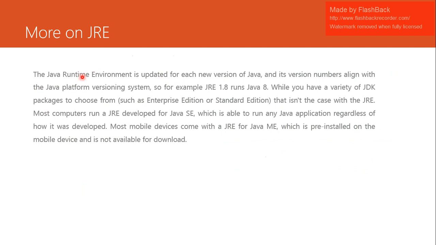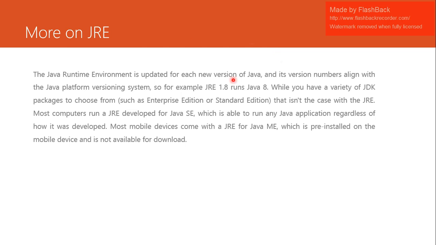Now, more on the JRE. The Java Runtime Environment is updated with each new Java version, and its version number aligns with the Java platform versioning system. So let's say you have Java 8, then your compatible JRE version will be Java 1.8.